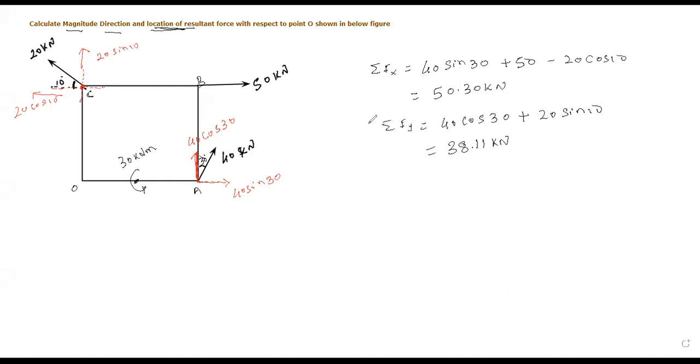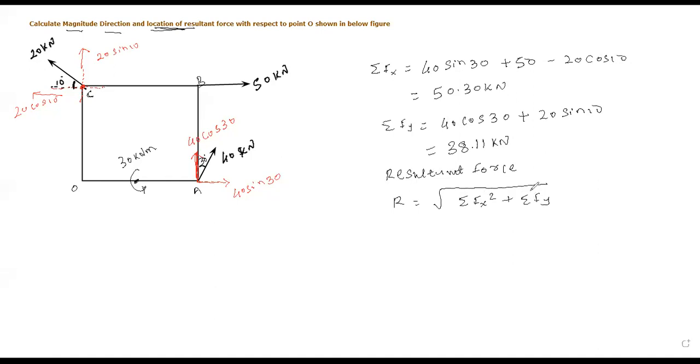Now we are going to calculate the resultant force, using the same equation as we discussed in the coplanar concurrent force system: square root of sigma Fx squared plus sigma Fy squared.